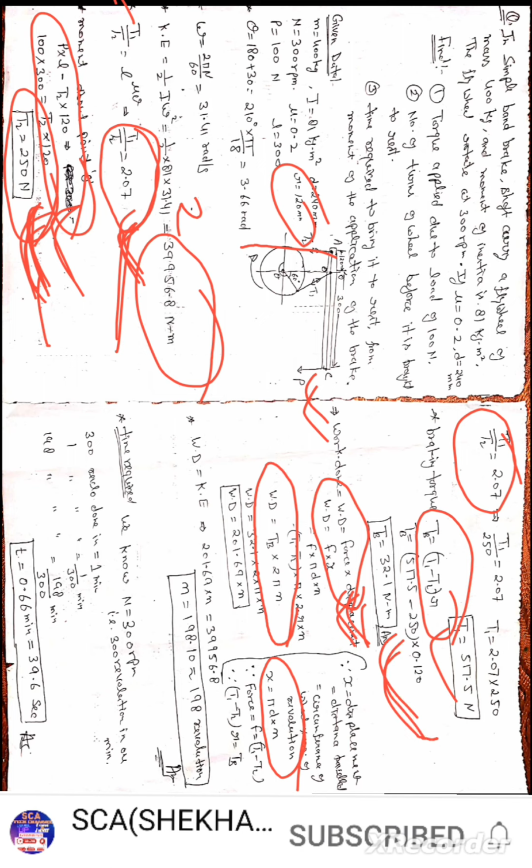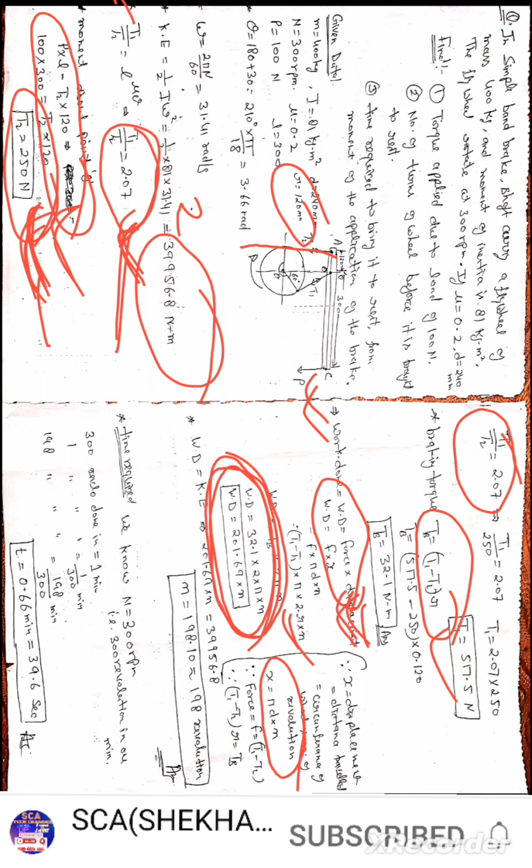Putting the value of TB in this equation, we get the work done as 201.69 into n. For the wheel to come into the rest position, the work done will be equal to the kinetic energy.